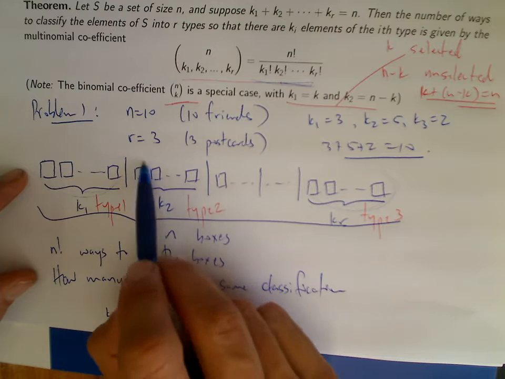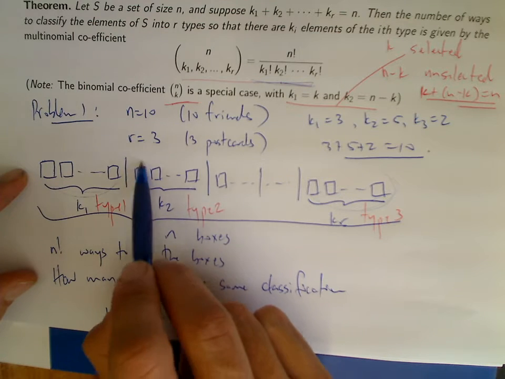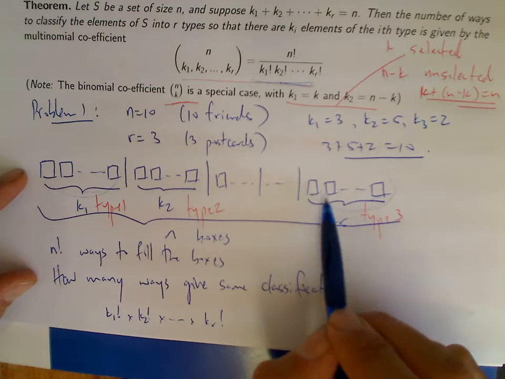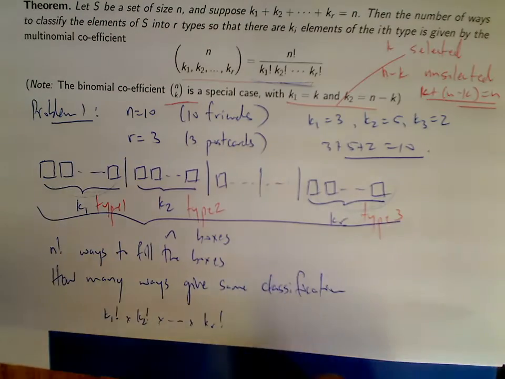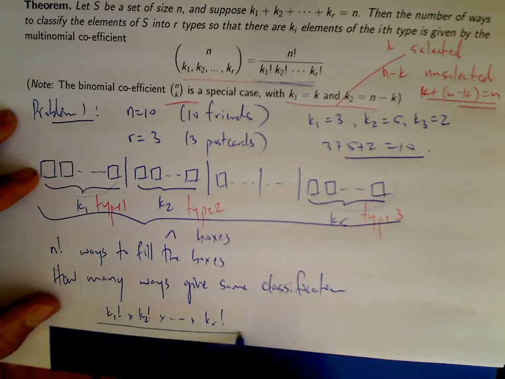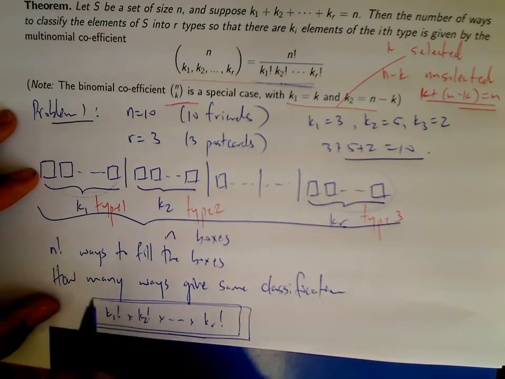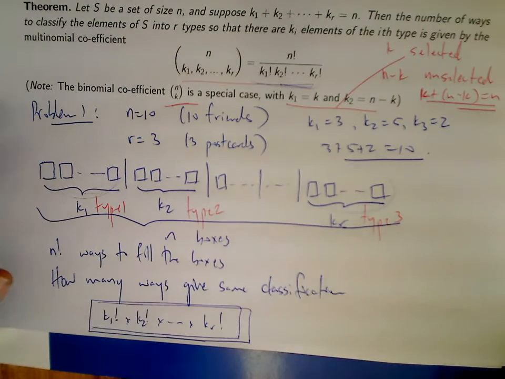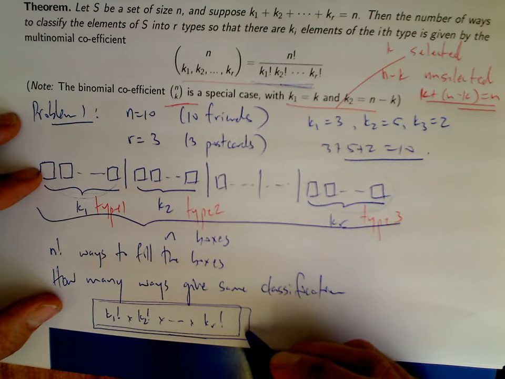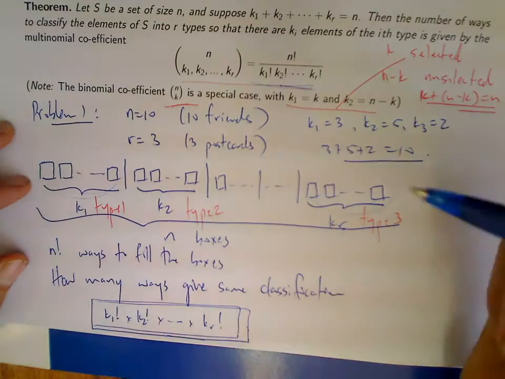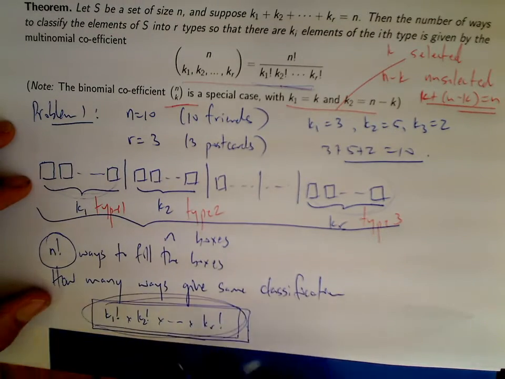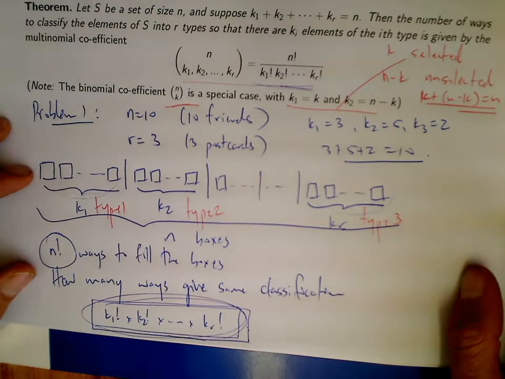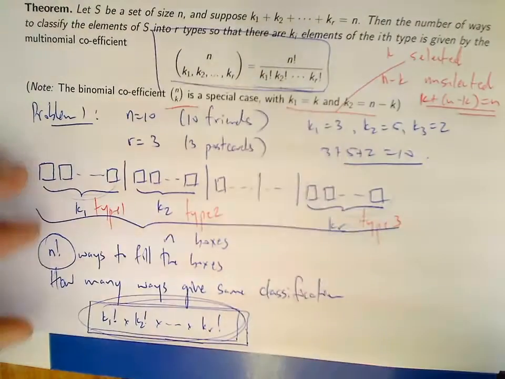At the second step we've got k2 factorial ways, and so on up to kr factorial ways in which we can fill in these boxes in order to get that same classification. So each classification occurs this many times, and so we need to divide this n factorial by this in order to figure out the number of possible classifications. Okay, so that's where this theorem comes from.